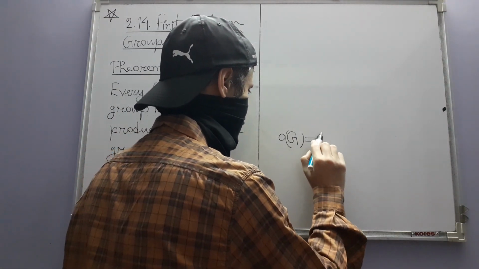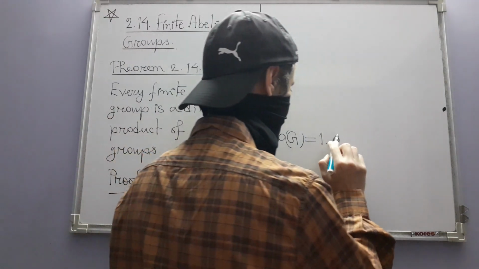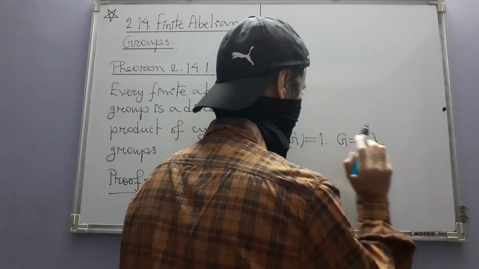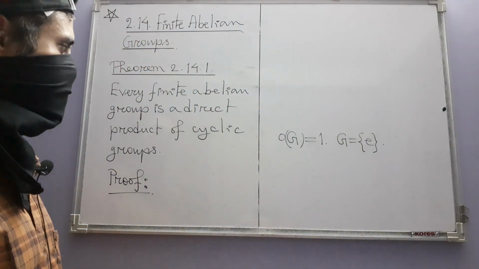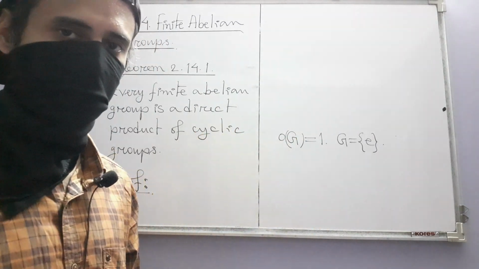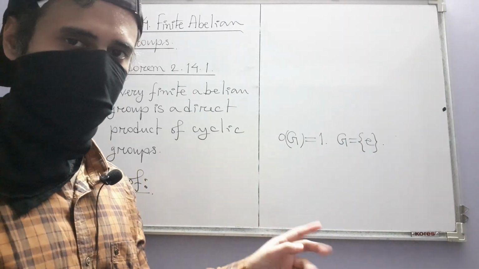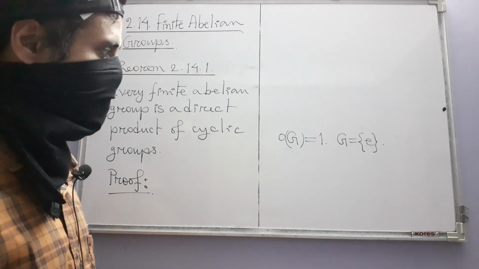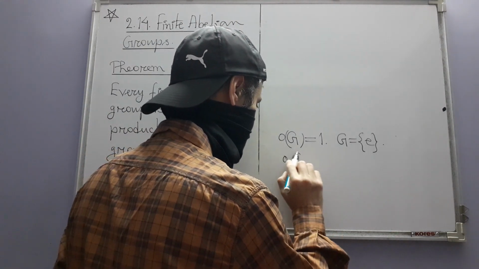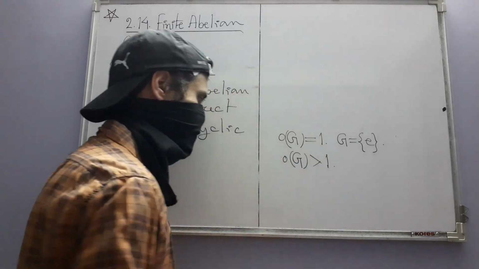G is a group of order 1. Then of course it's the trivial group having only the identity element, and the claim here is trivially true because G itself is cyclic. It's a finite cyclic group and it's also a direct product, and in this product only one group is involved, and that is why we can assume that the order of G is greater than 1.